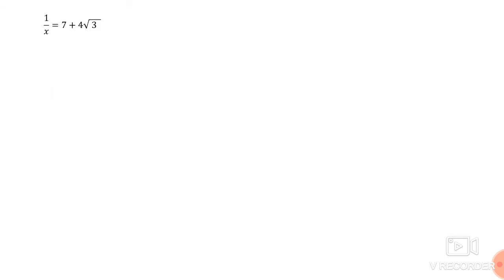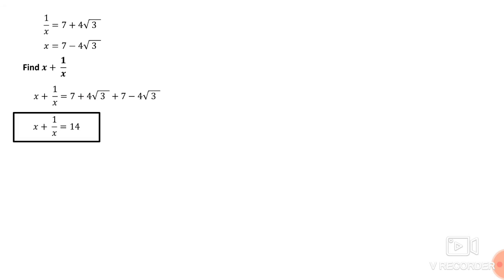Now we will find x plus 1 upon x, in the same way as we have done in previous questions. X plus 1 upon x, simply add both the values. The 4 root 3 minus 4 root 3 and plus 4 root 3 will cancel out, and 7 plus 7 is just 14. This is the value of x plus 1 upon x. In the same way, we will find the value of x minus 1 upon x.